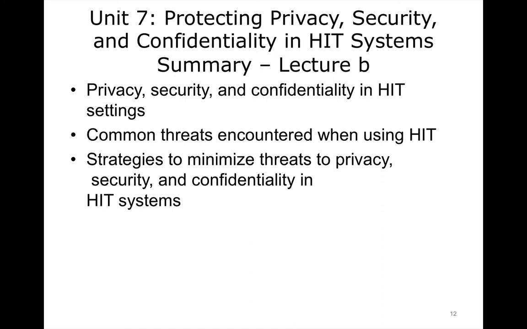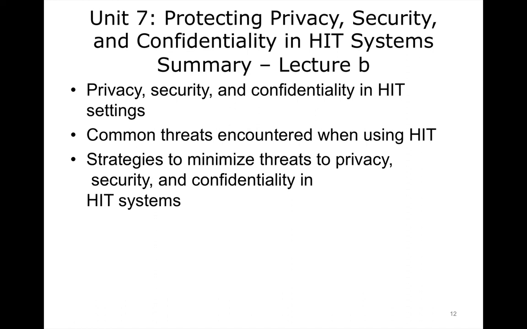This concludes Lecture B of Protecting Privacy, Security, and Confidentiality in HIT Systems. In summary, in this unit we have explored what privacy, security, and confidentiality mean in relation to HIT systems. As we have explored the range of security safeguards that can be employed to protect the confidentiality of health information in HIT systems, we've learned about some of the common threats to data in these systems.